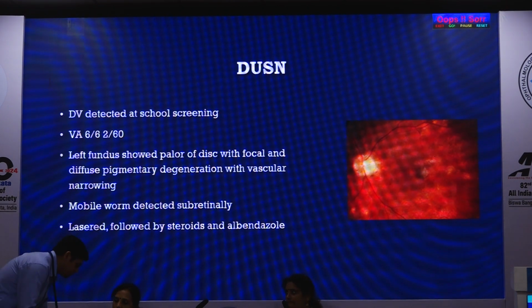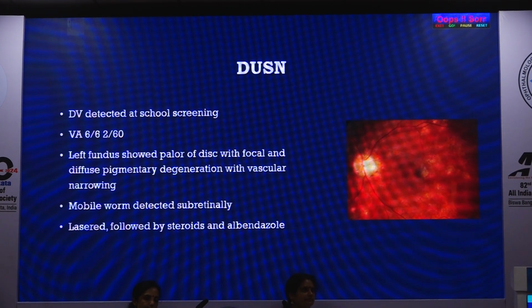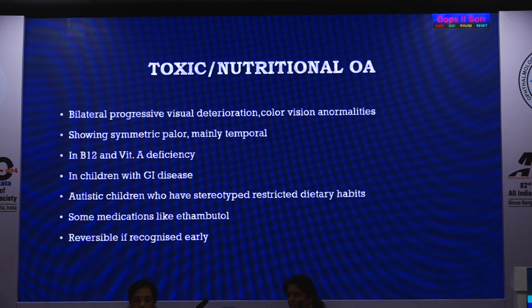This is not an uncommon situation where there is a diffuse unilateral subacute neuroretinitis with a fundus showing thinning of the arteries, arterial attenuation, marked chorioretinal changes, and a motile nematode may be seen on fundus examination, which may respond to laser treatment.